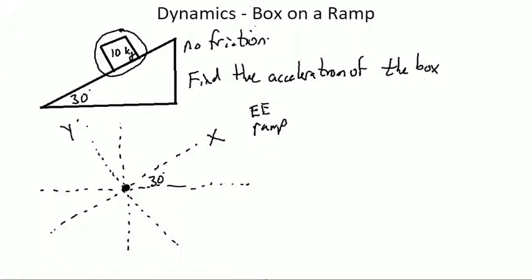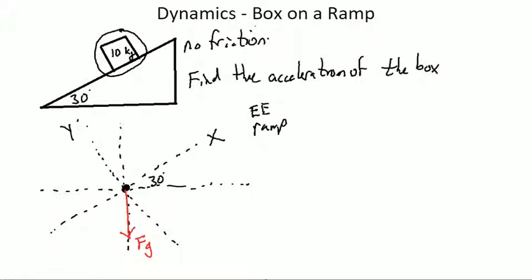So as I draw in those forces, switching colors here, we have the force of gravity straight down, Fg, the force of gravity of the earth on the box. We also have the force of the surface, which is the normal force. The word normal means perpendicular to the surface. The normal force is always perpendicular to the surface.